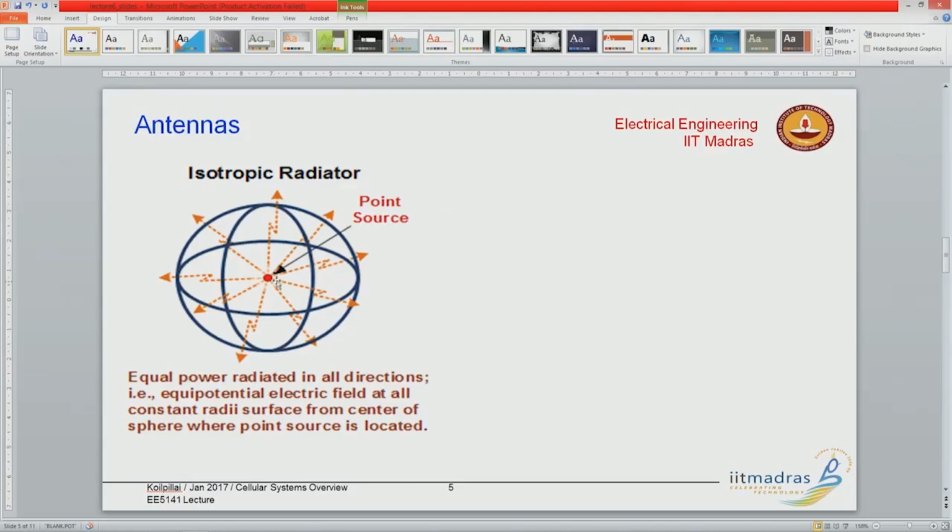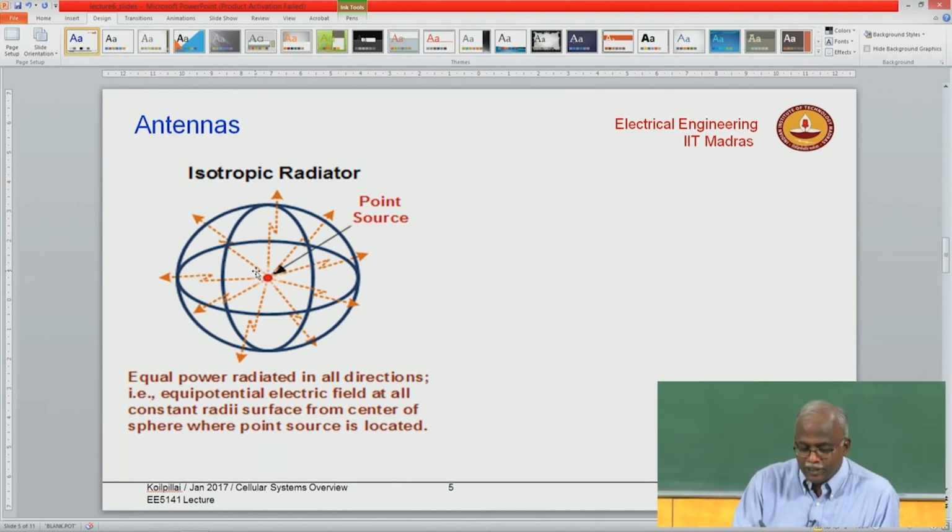So, the isotropic radiator, I would like to explain it in the context of a diagram. You can think of it as a point radiator. It is a point radiator from which the radiations emanate in all directions in 3 dimensions. So, it is a 3-dimensional radiator, and it is a point source, it radiates in all directions. So, this is one of the basic concepts that we use in our understanding of antennas.